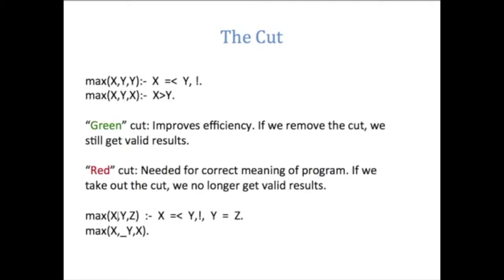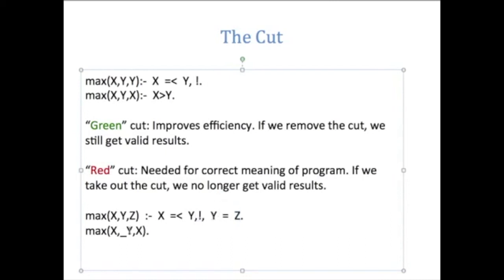Here's an example using max again. So here's the idea. If we have two numbers x and y, z will be the maximum if x is less than or equal to y. We'll have the cut so that if this, because, well, you can see that if x is less than or equal to y, then z should be equal to y, which is our maximum.